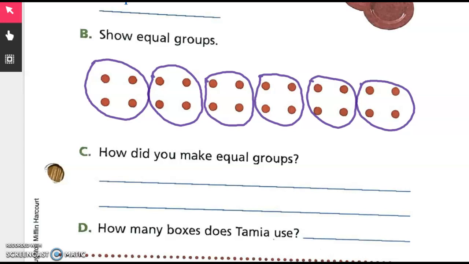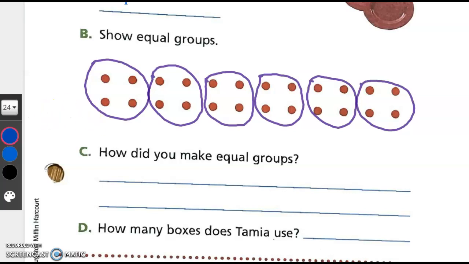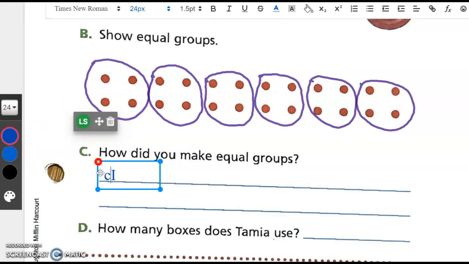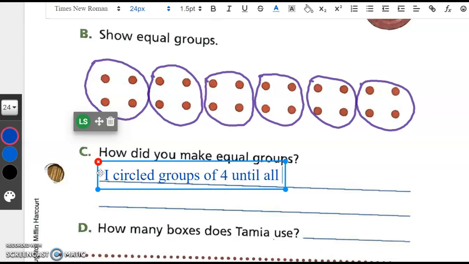Yes, but it says how did you make the equal groups? What did we do? Circle. I circled groups of 4 until all 24 counters, these are counters, were in groups.